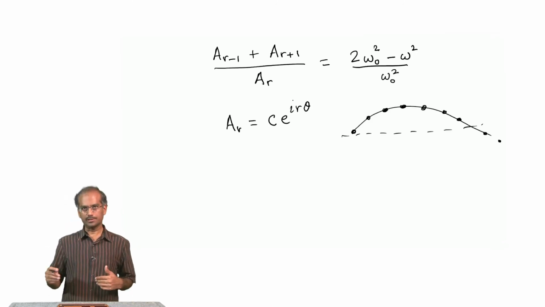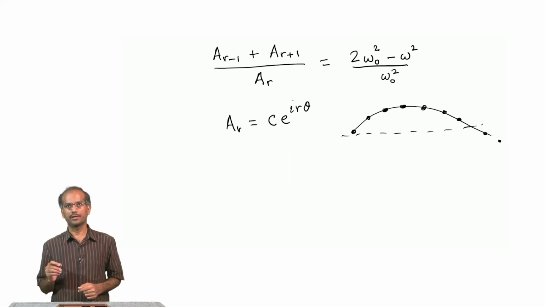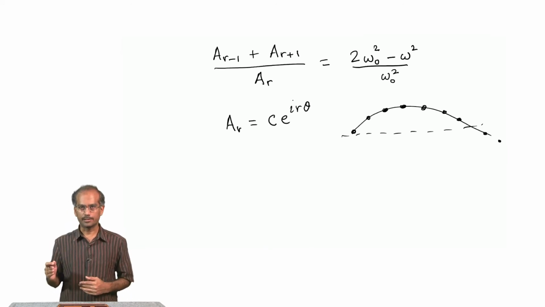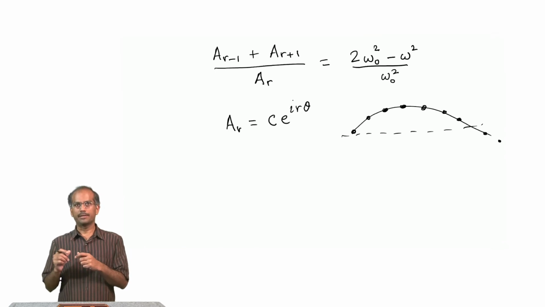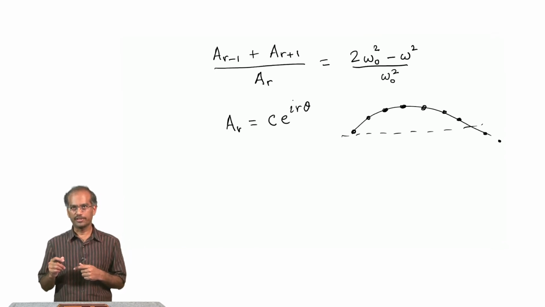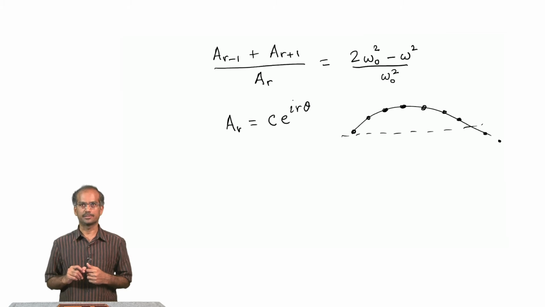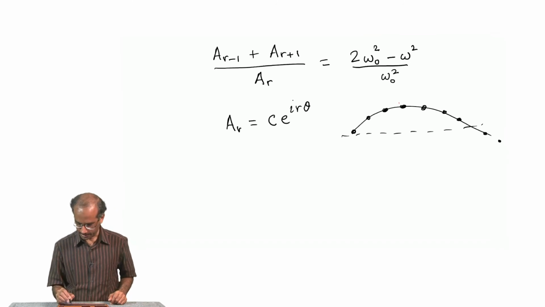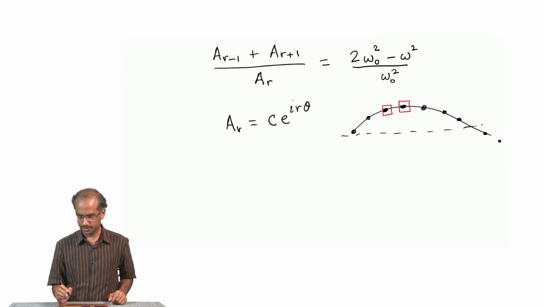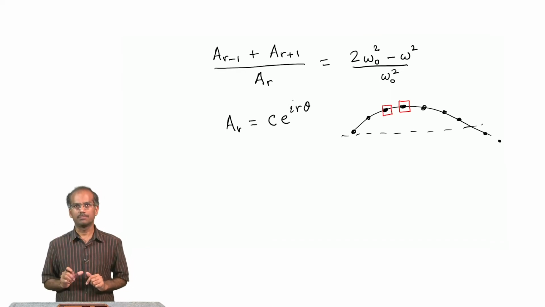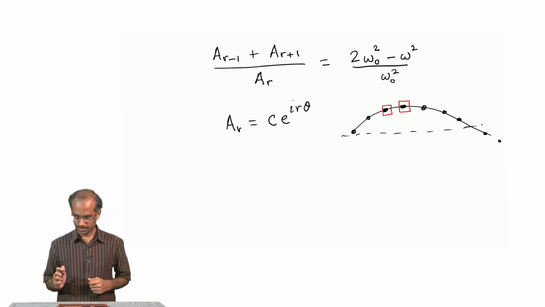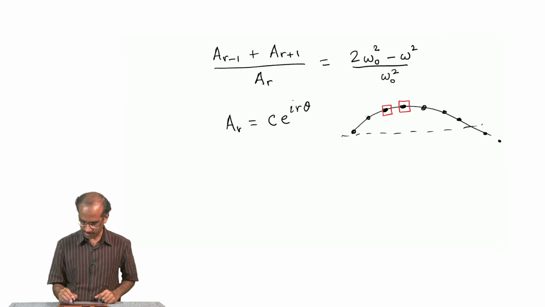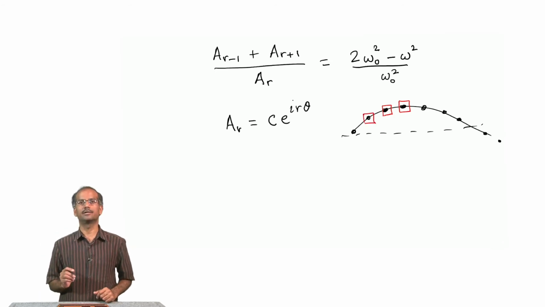The successive amplitudes of the particles maintain a small constant phase difference with respect to their predecessors. If you look at one particular particle here and look at what is happening to this, they are off by a phase from the one which is preceding it, and so on.